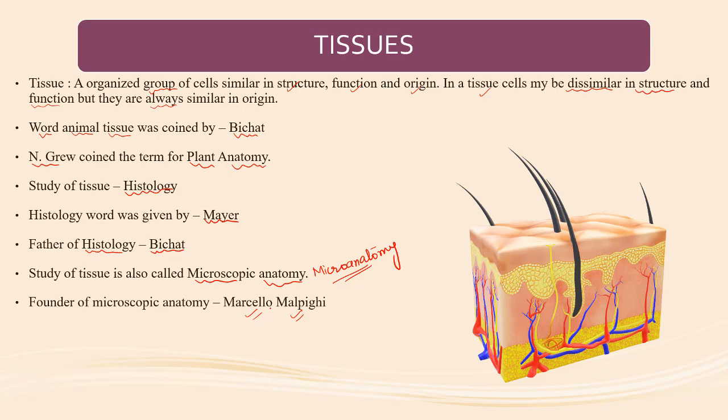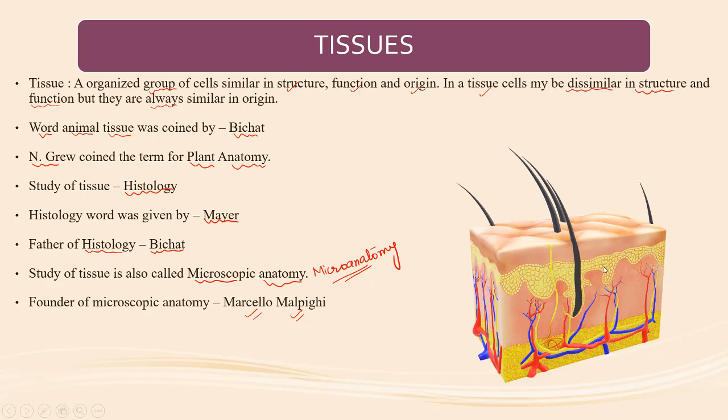So these are some common terms you have to remember: the term animal tissue was given by Bichat, and Grew coined the term plant anatomy. Study of tissue is histology, a word given by Mayer. Father of histology, Bichat. Study of tissue is also called microscopic anatomy or microanatomy, and the founder of microscopic anatomy is Malpighi.